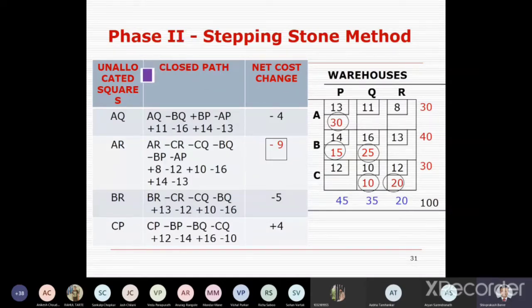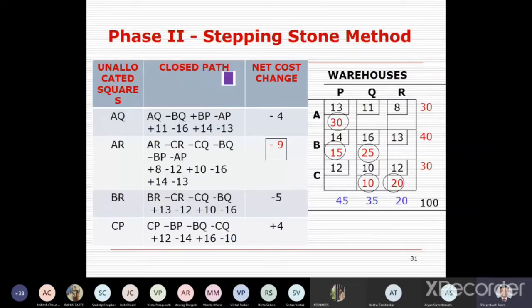So here I have prepared this table, and the first column is for the unallocated cells. All these unallocated cells are written here: AQ, AR, BR, and CP. These 4 unallocated cells are written.